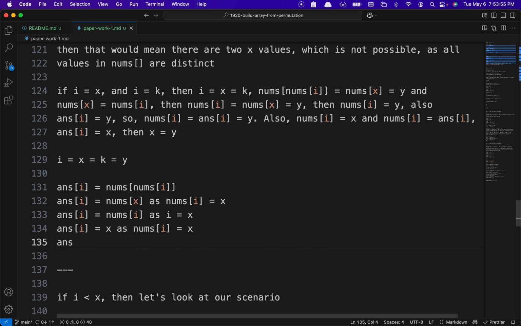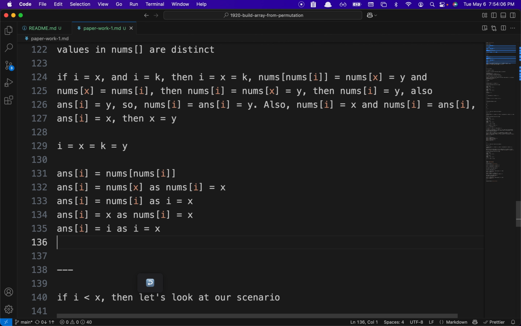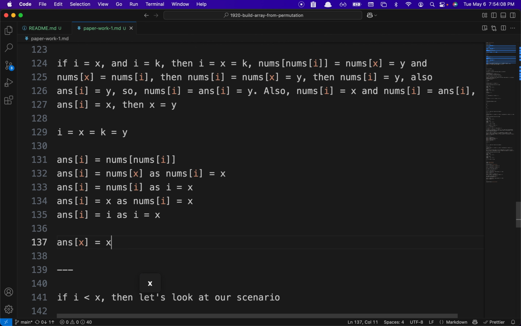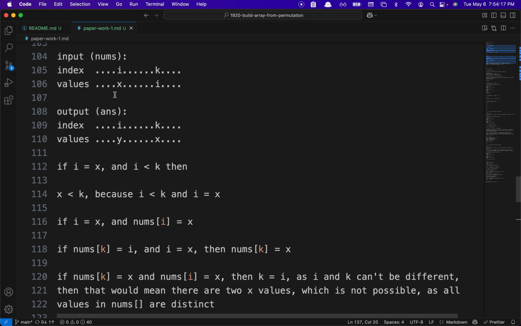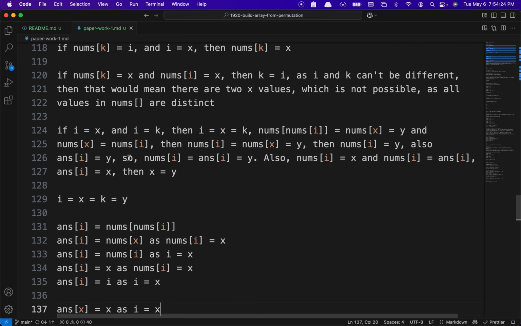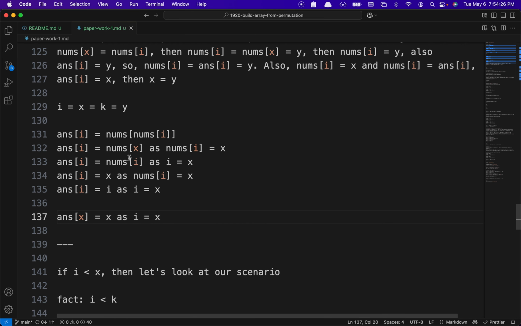Answer of I equals I, as I equals X. So all of this, right? You can also say something like answer of X is equal to X, as I is equal to X. You don't really need X, you just need I. Answer of I, and so Y and all is all X only, the same value.